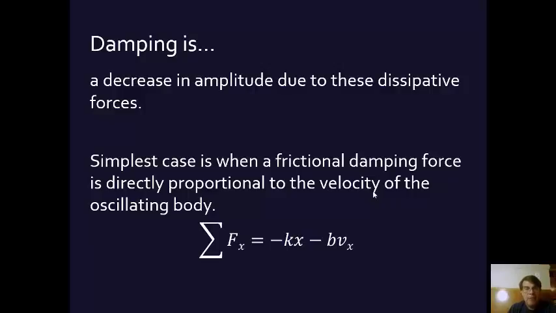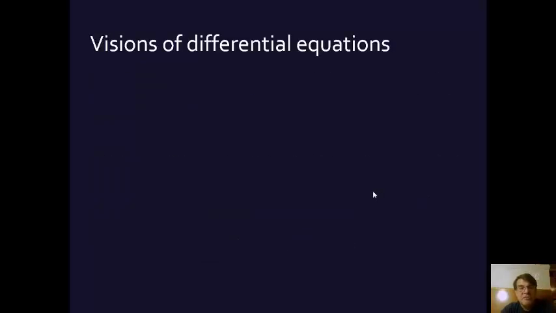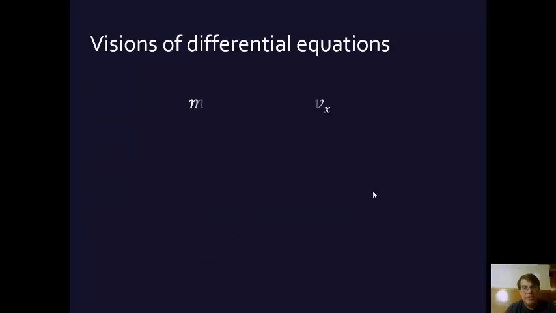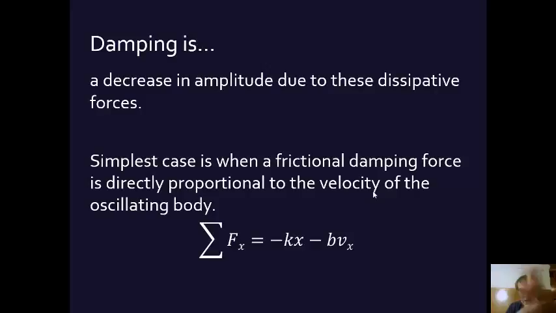Now, visions of differential equations, visions of fourth semester calculus here. If we take this expression at the bottom of the page and put it into differential form, don't worry about this. If you haven't really mastered calculus yet, don't be afraid. So we take the sum of the forces equals negative kx minus bv.